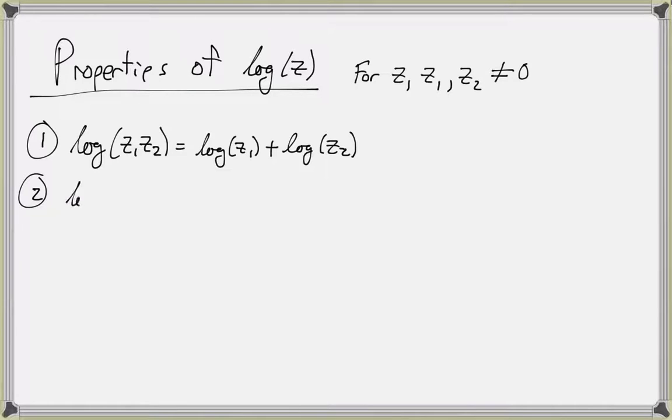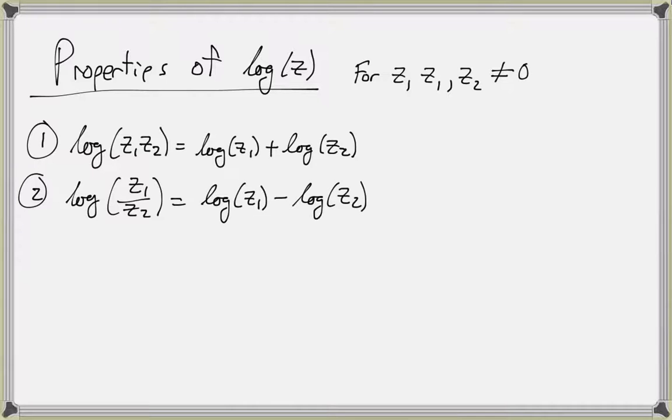So secondly, the log of z1 divided by z2 would equal the log of z1 minus the log of z2. Again, these are true as sets. Thirdly, z to the n equals e to the power n times the log of z for any integer n.